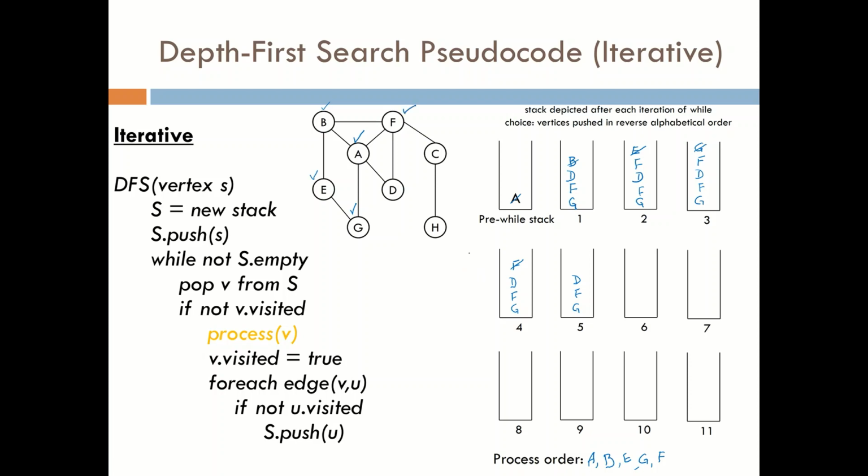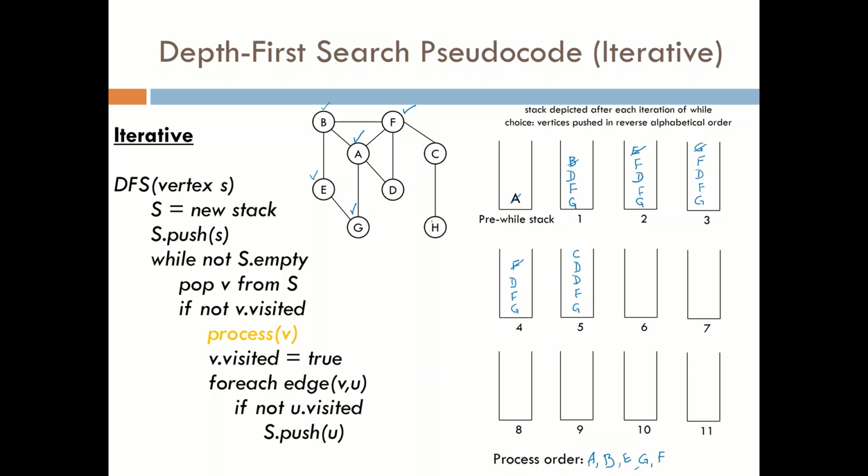And now for each other vertex that is connected to F and not visited, we will push those onto the stack. So F is connected to A and B, which have been visited, but F is also connected to D and C, and we've committed to putting those in reverse order. So we will push D and we will push C onto the stack.